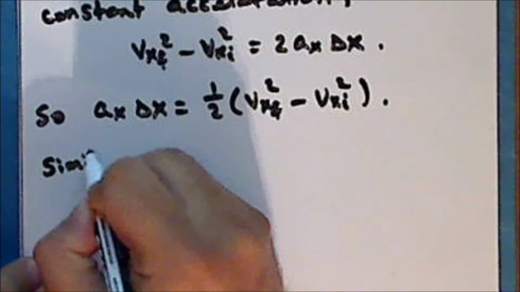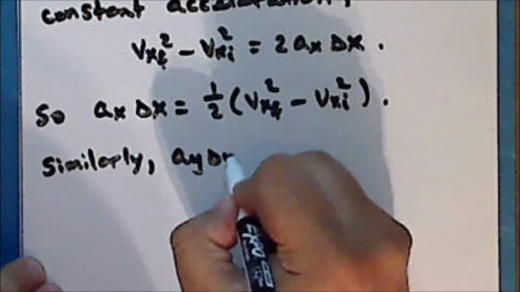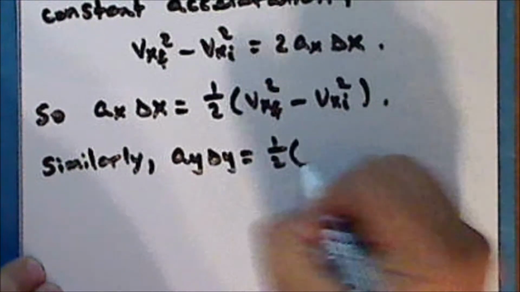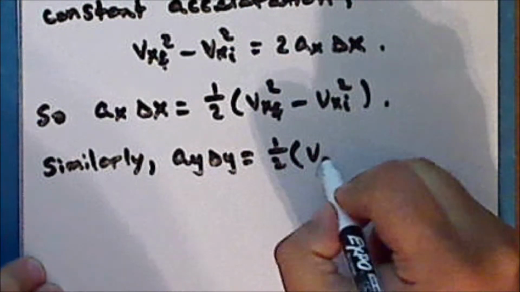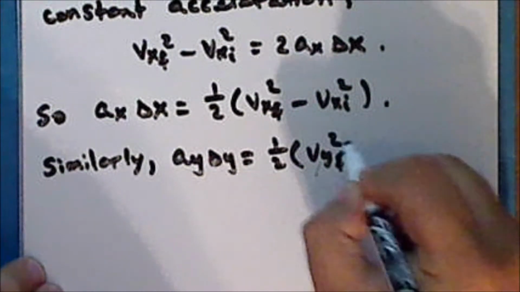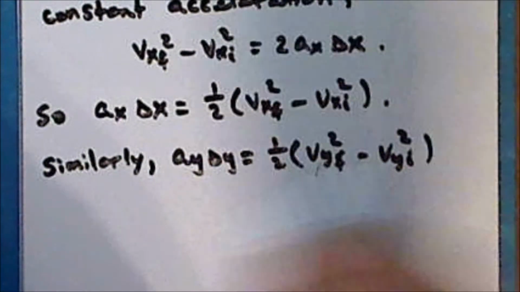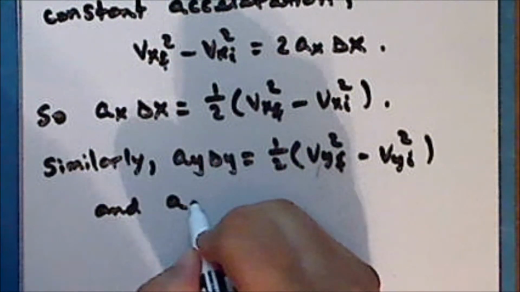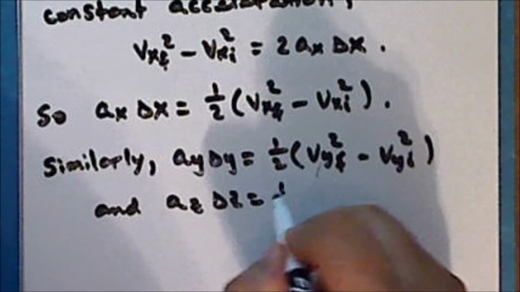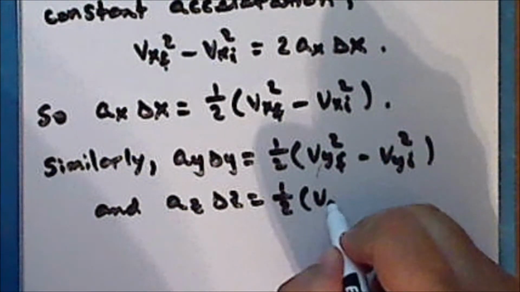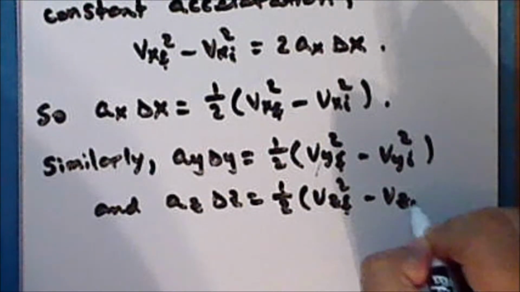And similarly, a sub y times delta y is 1/2 the quantity, the difference of squares of the final speed and the initial speed, and a sub z times delta z is 1/2 the final speed squared minus the initial speed squared.